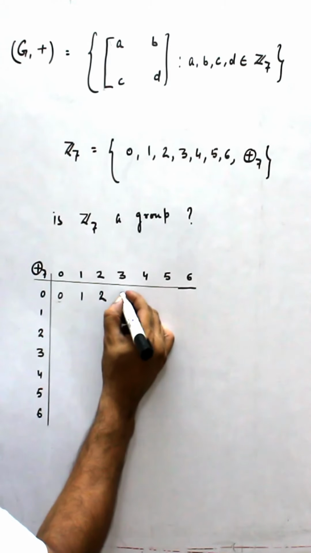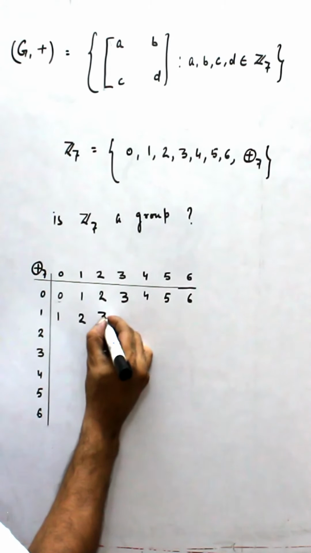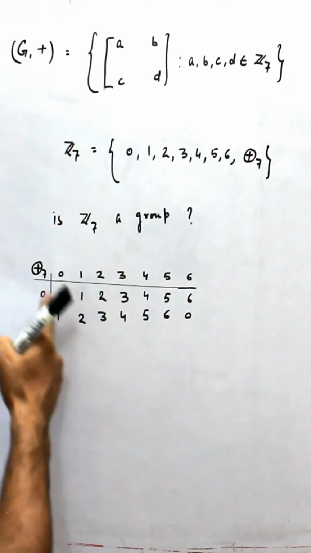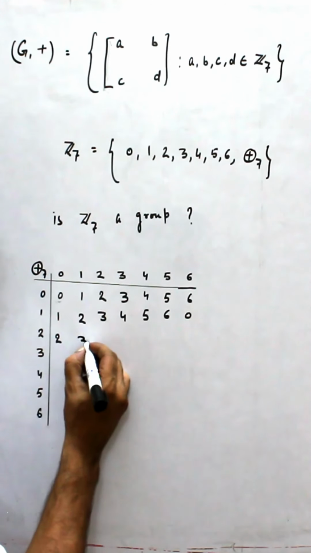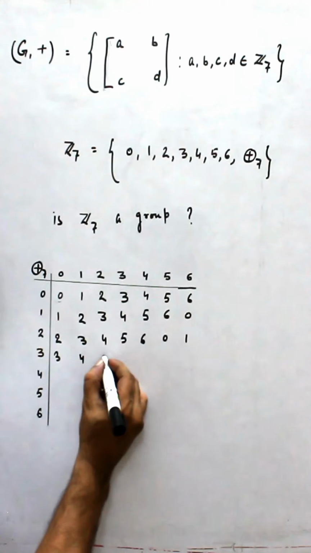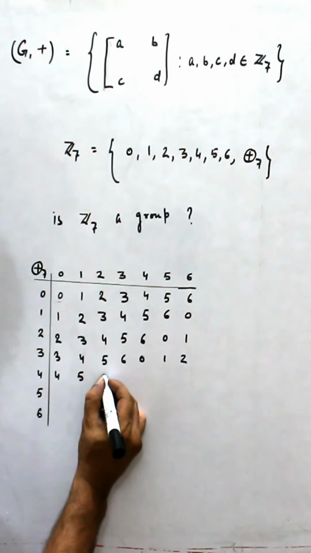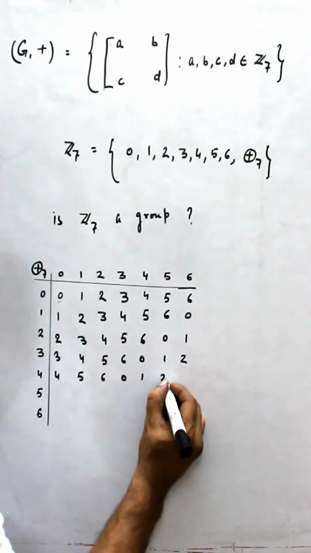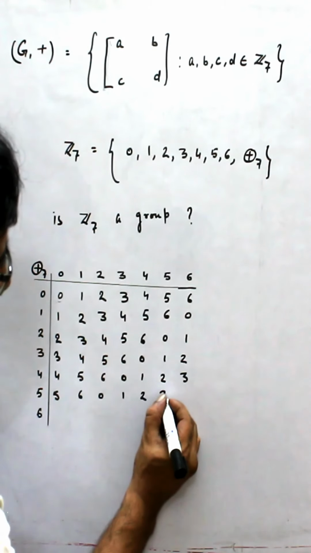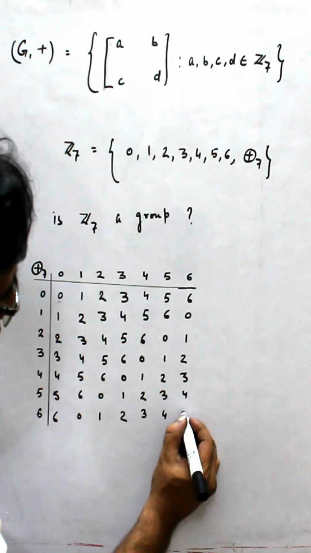When 1 is added: 1, 2, 3, 4, 5, 6, and then 0, because 6 plus 1 is 7, and 7 divided by 7 gives 0. Next rows: 2, 3, 4, 5, 6, 0, 1; then 3, 4, 5, 6, 0, 1, 2; 4, 5, 6, 0, 1, 2, 3; 5, 6, 0, 1, 2, 3, 4; and 6, 0, 1, 2, 3, 4, 5.